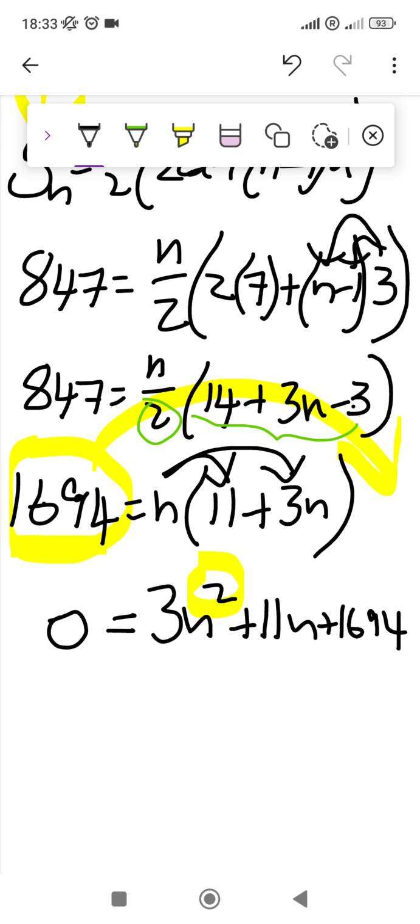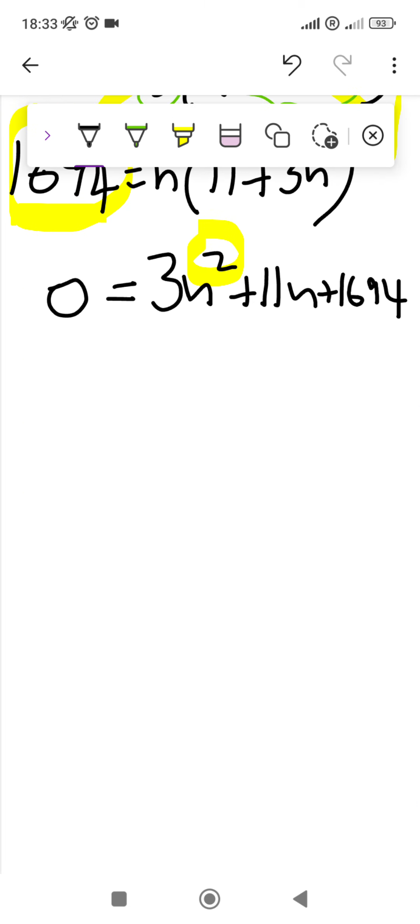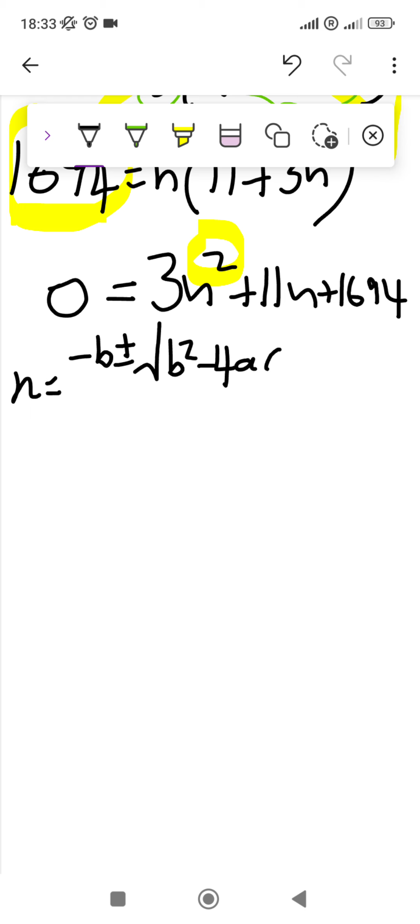That's a trinomial. In order to solve for n now, we're going to use our quadratic formula. It's n that we're finding, so we're not saying x equals, we're saying n equals minus b plus or minus the square root of b squared minus 4ac, all of this divided by 2a.